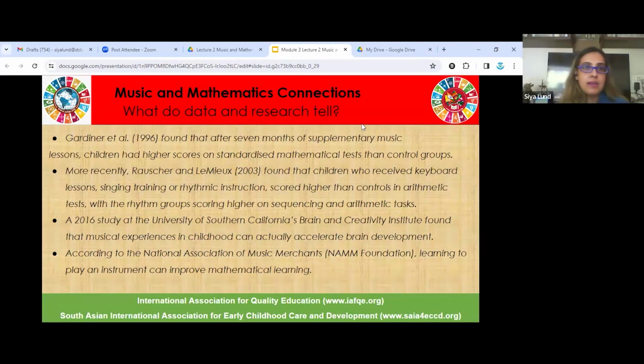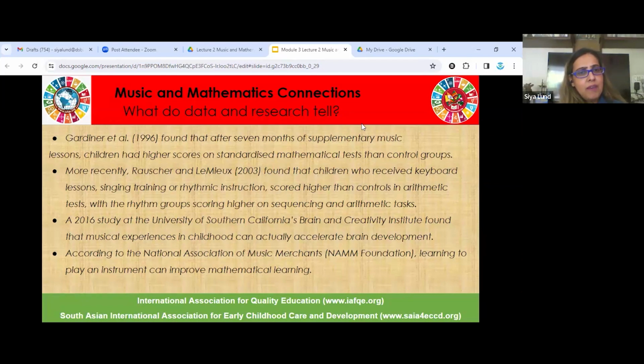As you all know, any theory that we think of, or want to believe in, is never without a backup, right? So we always need evidence, we need data, we need research to tell us why we need to believe what we need to believe. So what is it about music and maths that data and research are telling us?